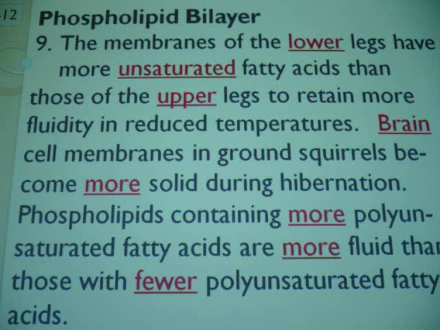Because the phospholipids of the brains contain the unsaturated fat, that makes them more fluid. If you retain your fluidity, then oxygen can still pass through the cell membrane and feed that cell. When you lose that fluidity, oxygen cannot pass through, and that cell dies. If it's a brain cell, that poor squirrel ain't got long in this world.